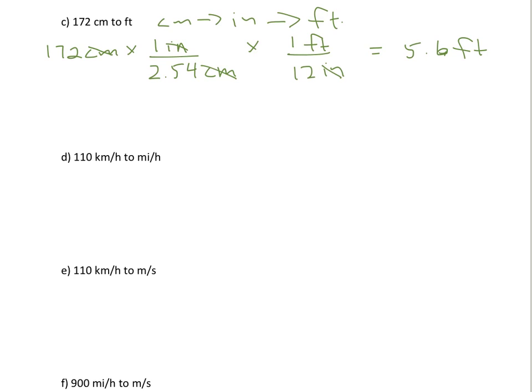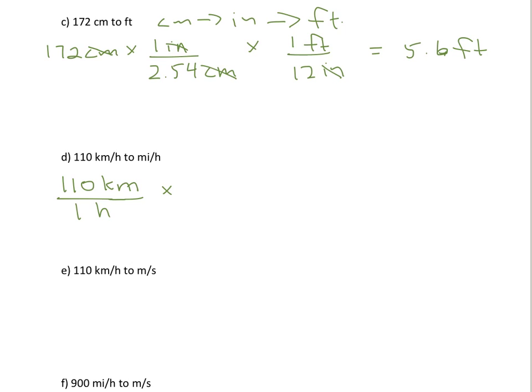We can do the same thing with rates. So 110 kilometers per hour, to compare that to miles per hour, let's do the same thing. We're going to do 110 kilometers per 1 hour. Okay, that's one way to think of it. And I'm going to just take that R off because that isn't part of the proper abbreviation. It's just an H for hour.